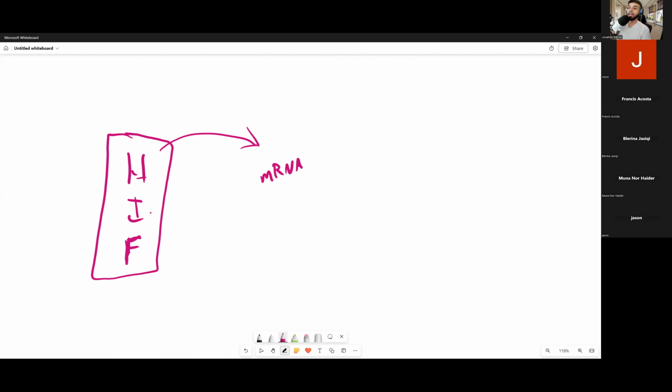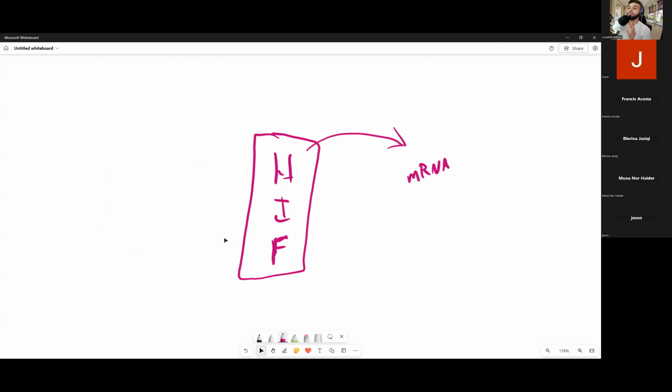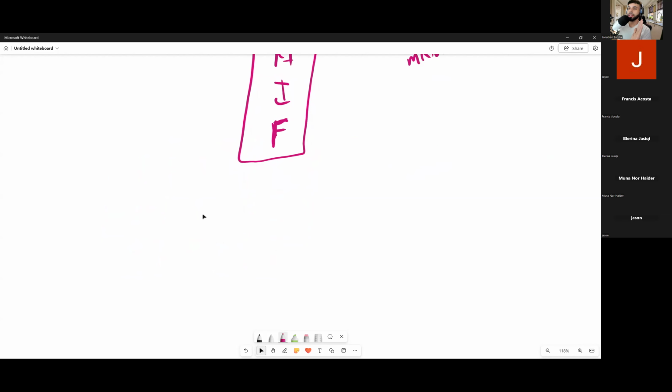So how do we control HIF? How do we make sure that HIF is not expressing itself? We have something called ubiquitin. It's able to cause ubiquitination. Let's remember, guys, what is ubiquitination?